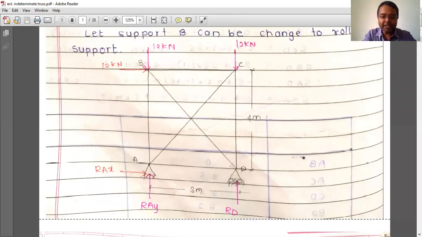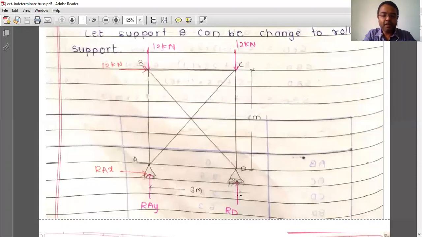So here at joint D, two members are meeting and one force is there. Two members, one force, and out of these two members, one of the members, that is member DC, is collinear with the reactive component RD. It is collinear with this force.